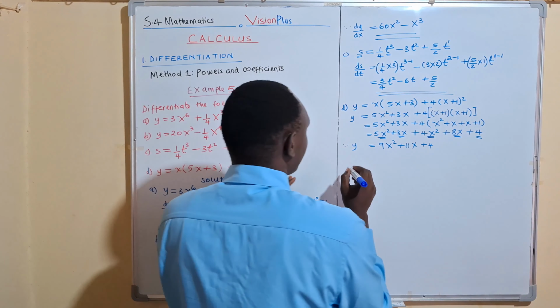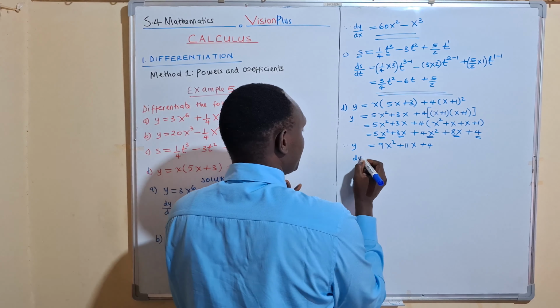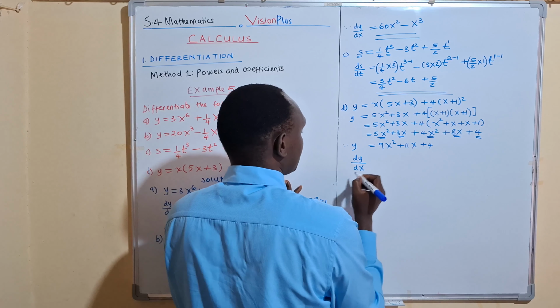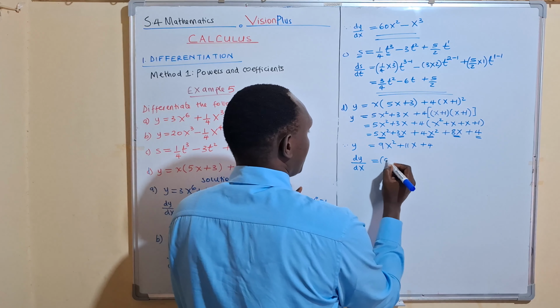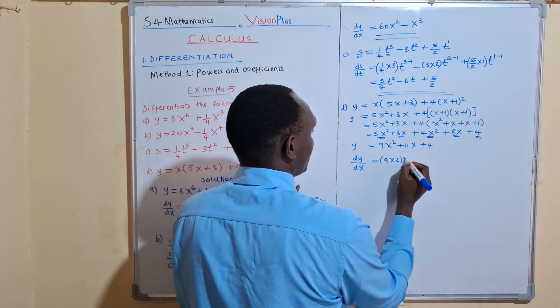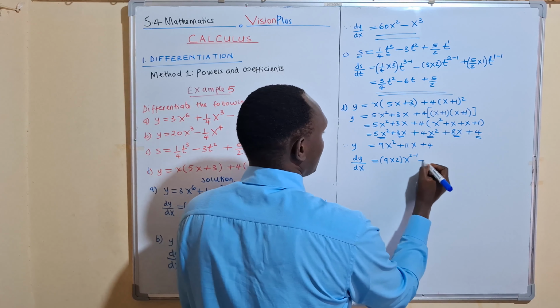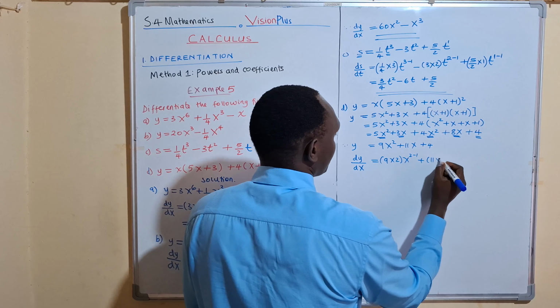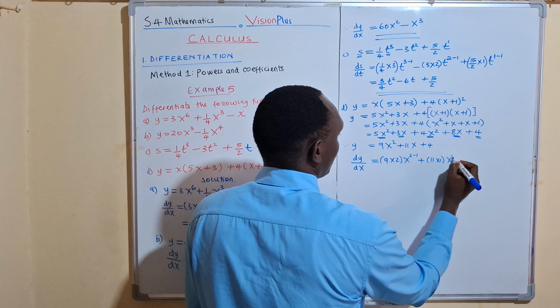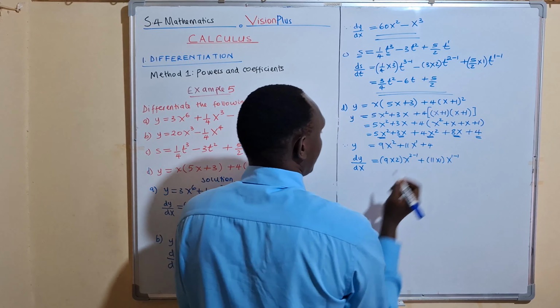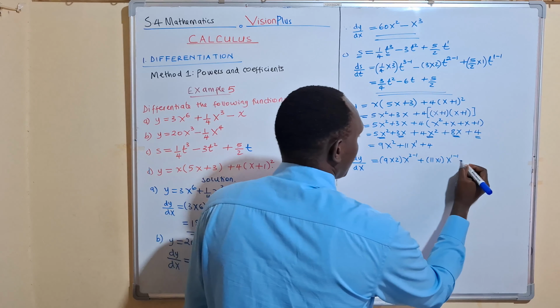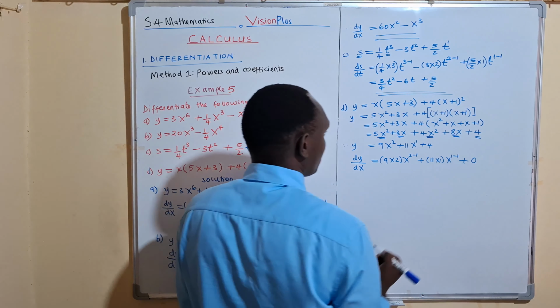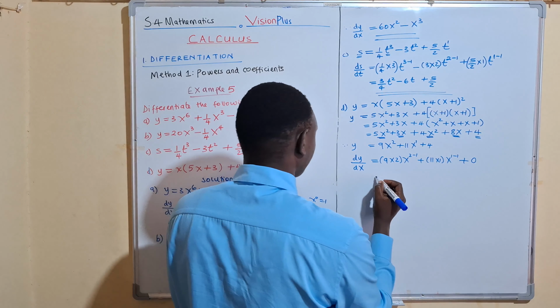Now we need to differentiate y. Therefore, differentiating y with respect to x, dy/dx becomes 9 times 2 x power 2 minus 1 plus 11 times 1 x power 1 minus 1, because this is the power 1. And then plus, if you differentiate 4, it is a constant, it gives us 0.